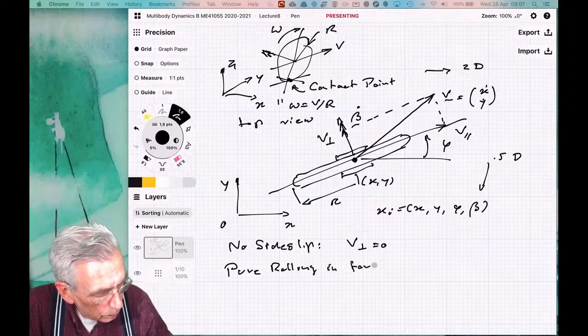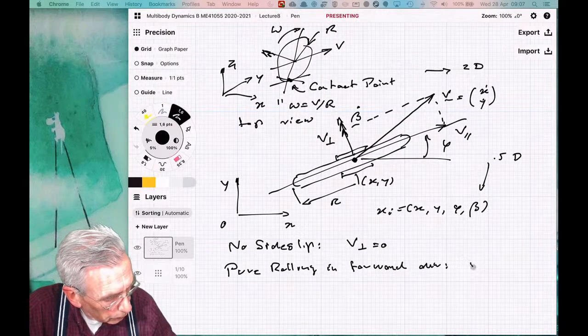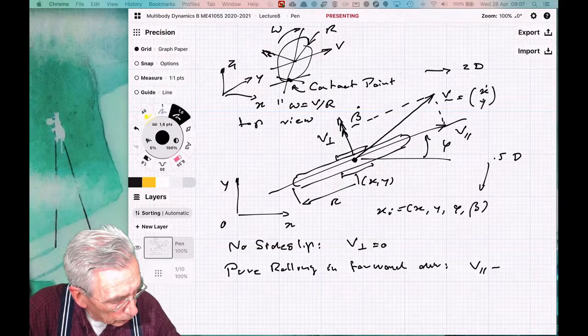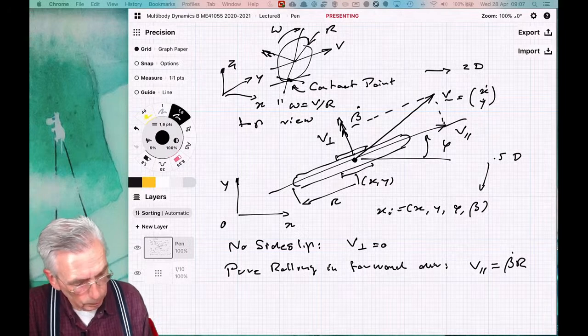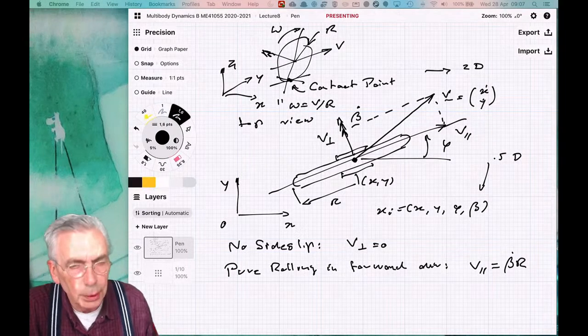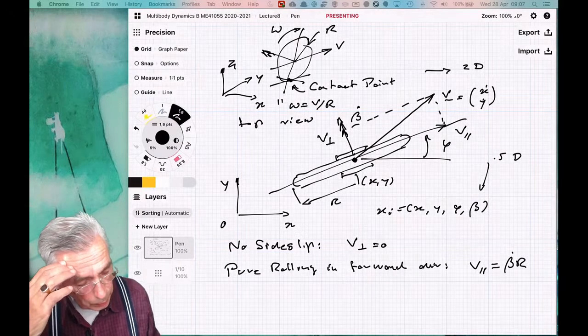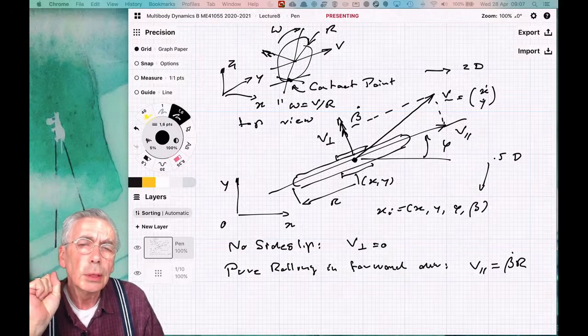In forward direction means actually that this v in that direction should be equal to this beta dot times r, right? Like we said, omega is v over r, so v is omega times r. Okay, these are two conditions, but note that they are conditions in the velocities.